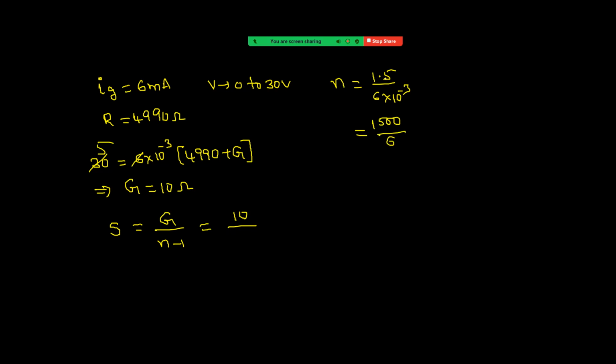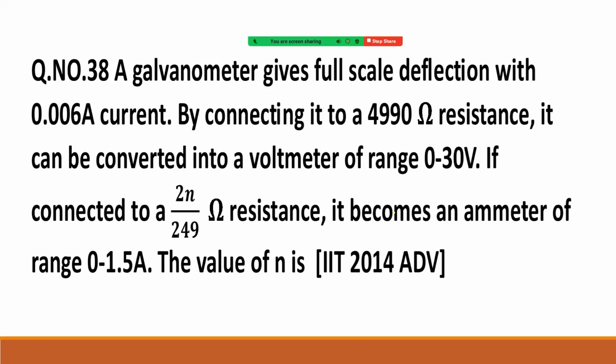Check it once, 3 zeros. This is equal to 250. So N value is 250. So 250 minus 1, that is 10 by 249. We are given here, in the place of 10, 2N. So this is given as 2N, which means the N value is 5. Okay, like this we can solve the problem. This is a question asked in 2014 Advanced, right?